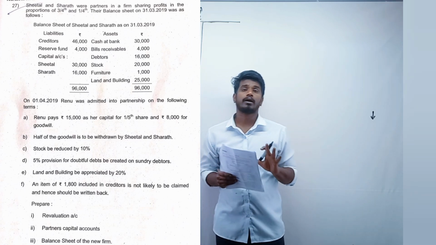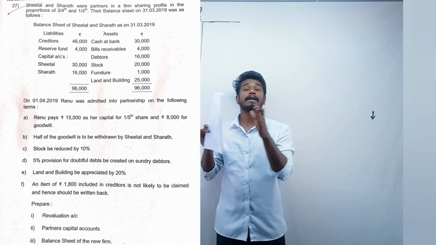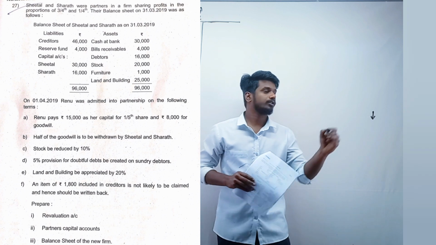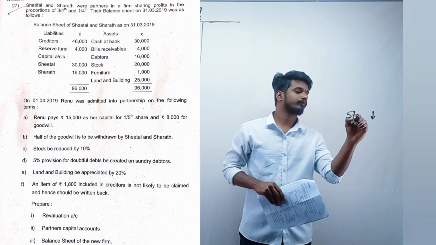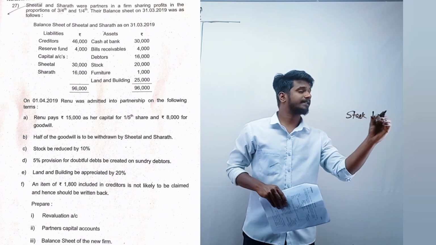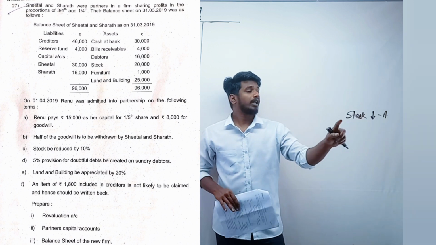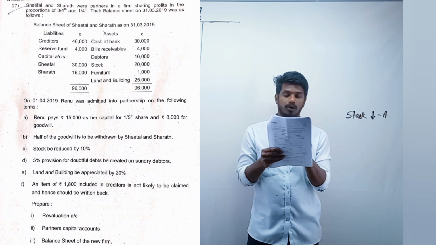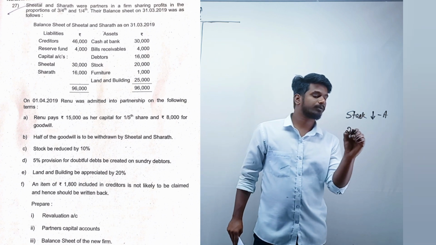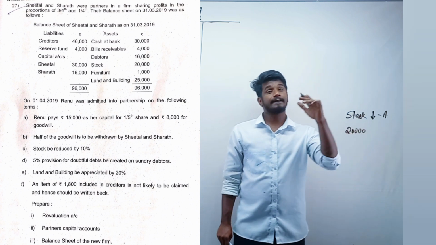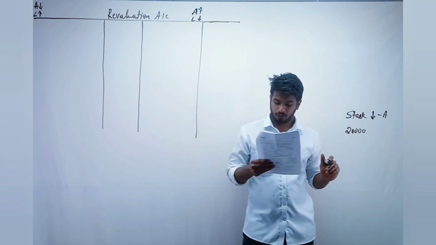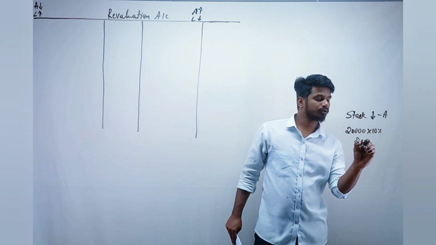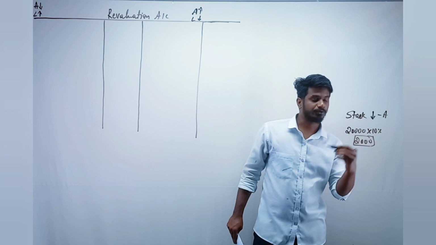Fine. So now the C point is stock be reduced by 10%. Where is the stock, in the assets or in the liabilities? It is in the assets, correct? So the asset is decreasing by 10%, and stock is 20,000. It is decreasing by 10%, which means 2,000 is getting reduced.